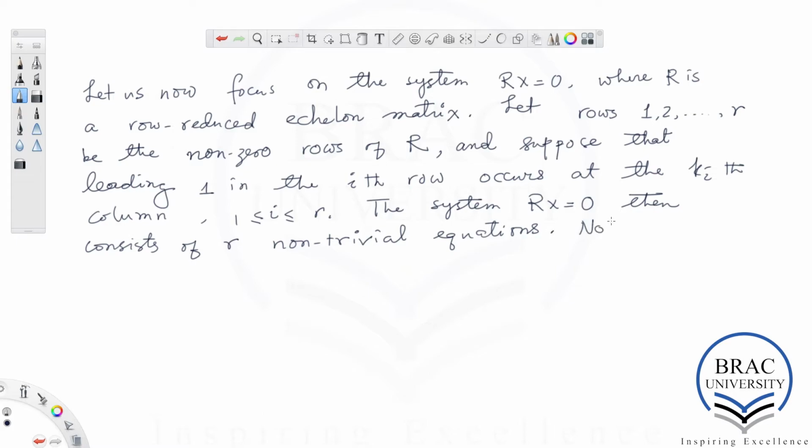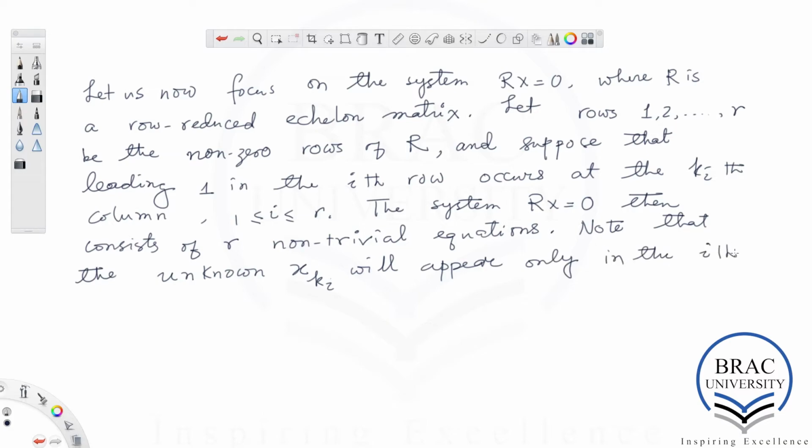Okay, note that the unknown x sub k_i will appear only in the ith equation of the system.